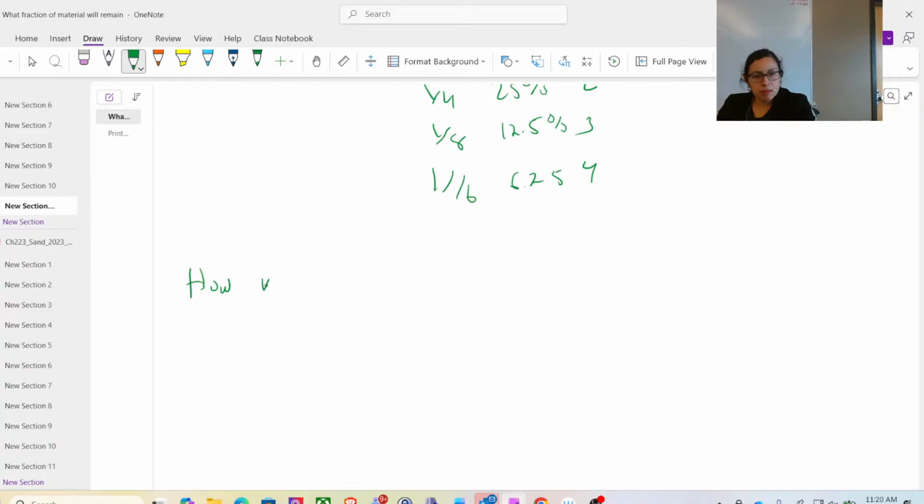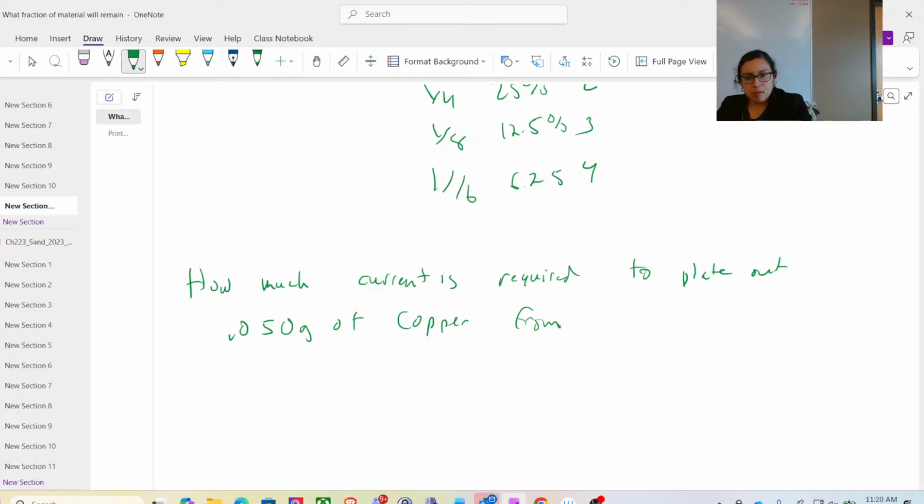So let's do how much current is required to plate out, and let's do 0.05 grams of copper from a copper sulfate solution in 10 minutes. So go back through your notes. What formula was this? So I'll give you some time.